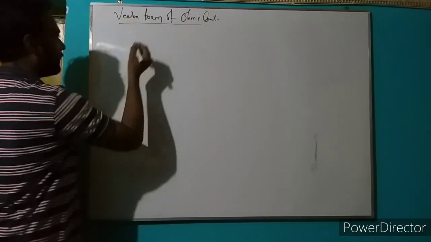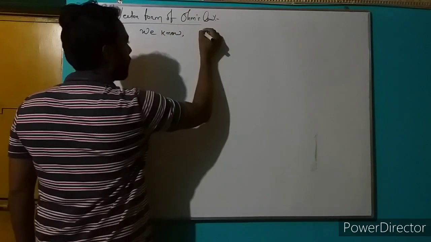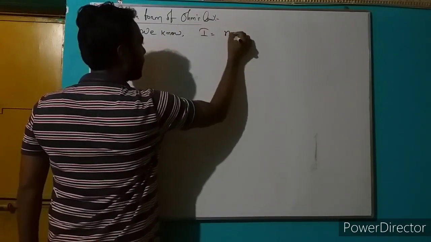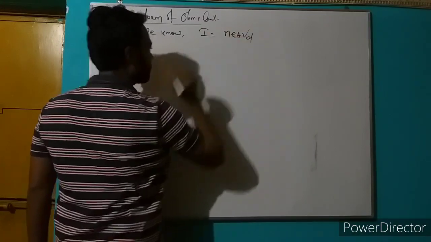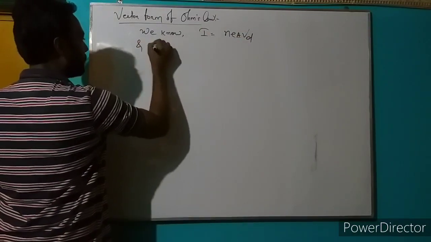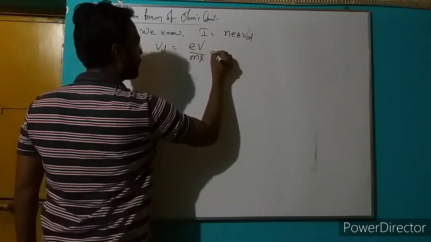Similar thing, we know I equal to NEAVD and VD equal to EV by ml into tau.